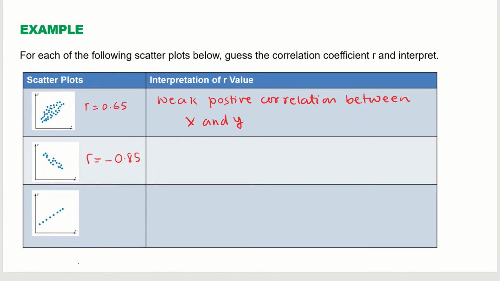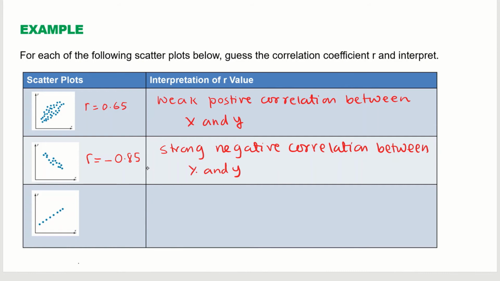The meaning of that is there is a strong negative correlation between x and y. So that is the interpretation.